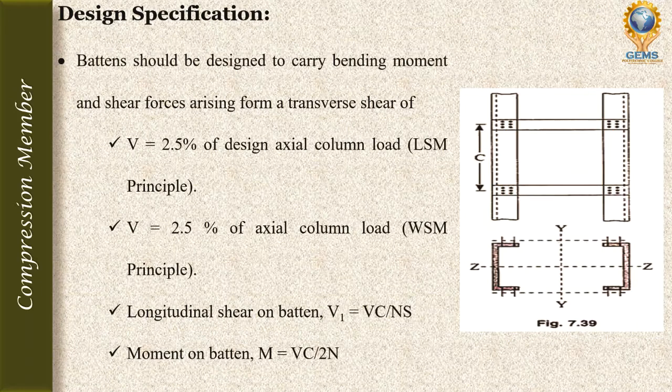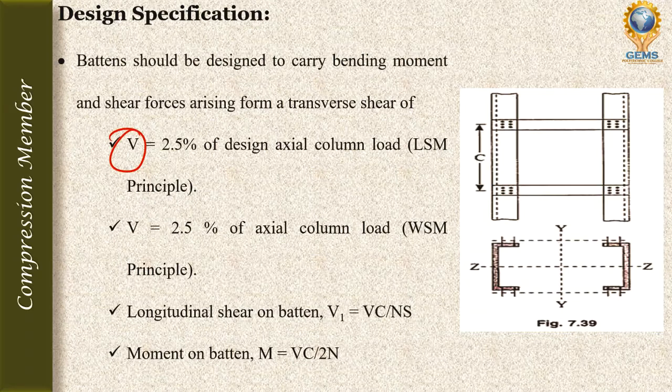Second design specification is that the batten should be designed to carry bending moment and shear force arising from a transverse shear. So we have to calculate the bending moment as well as the shear force. First we need transverse shear V. How can we find the transverse shear V?